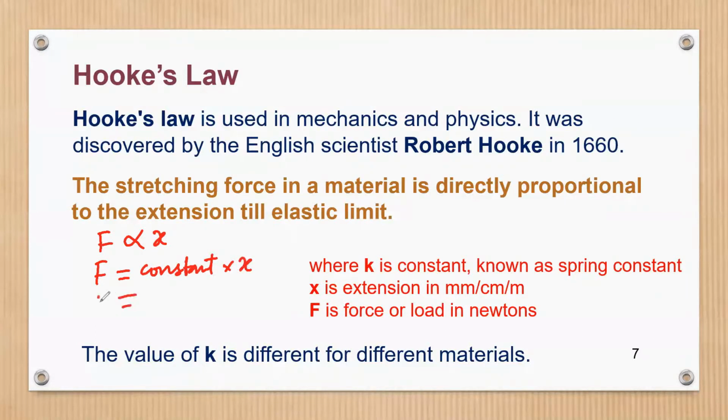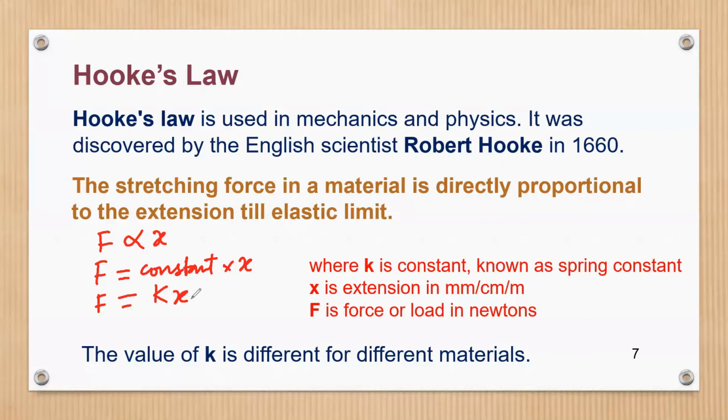In that case, the constant is K. So F equals Kx is the formula for Hooke's law, where K is a constant known as the spring constant, x is extension in millimeters, centimeters, or meters, but the SI unit is meters, and F is the force or load in newtons.